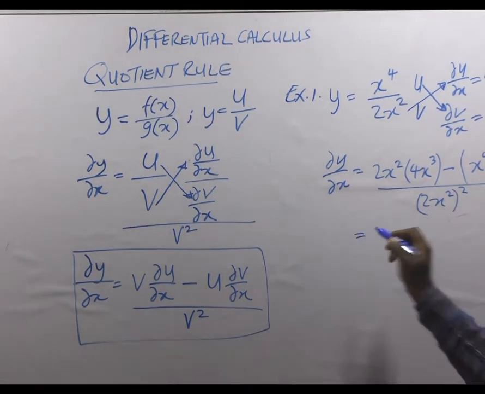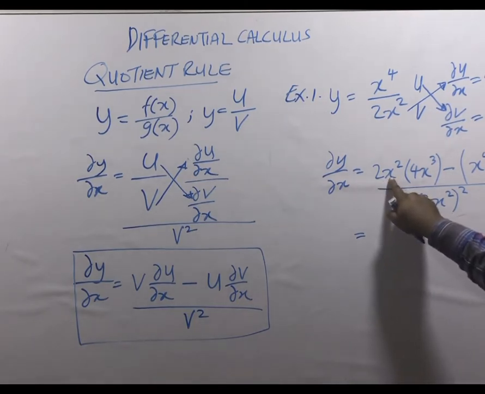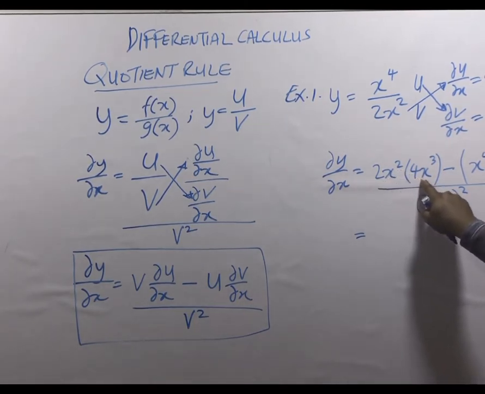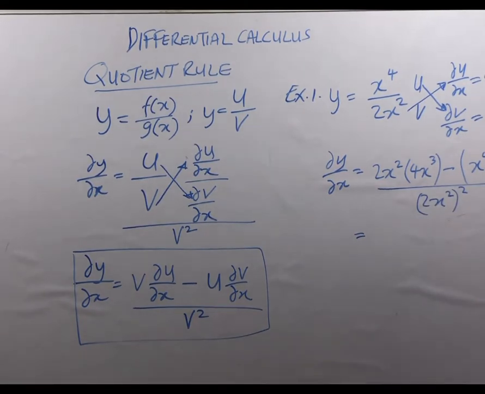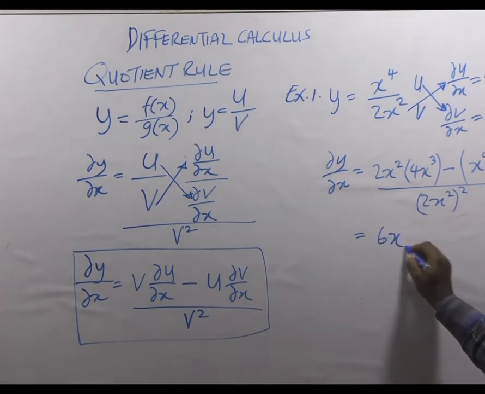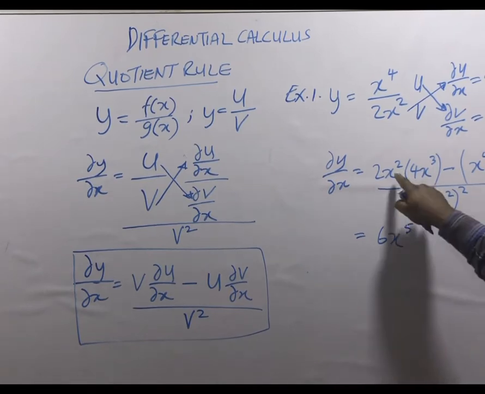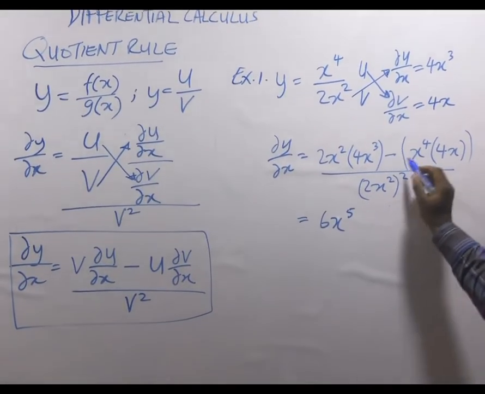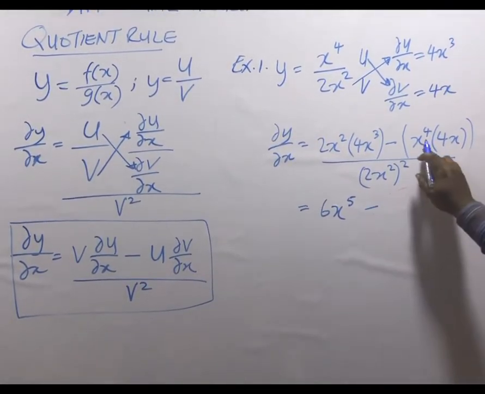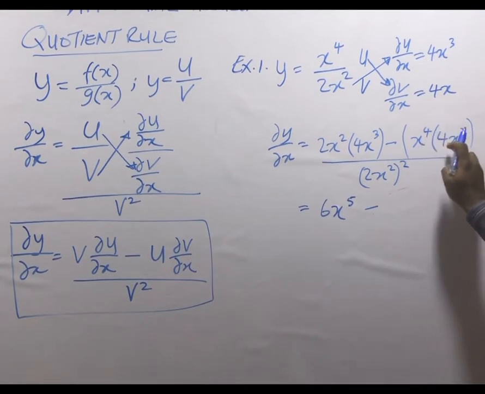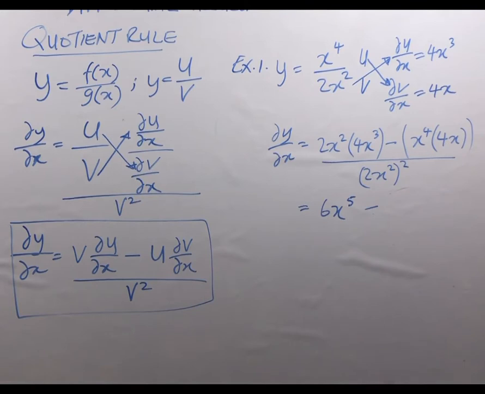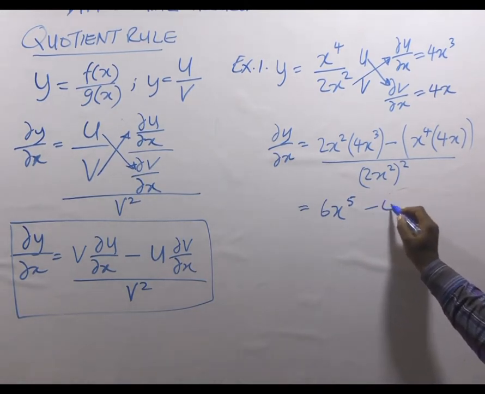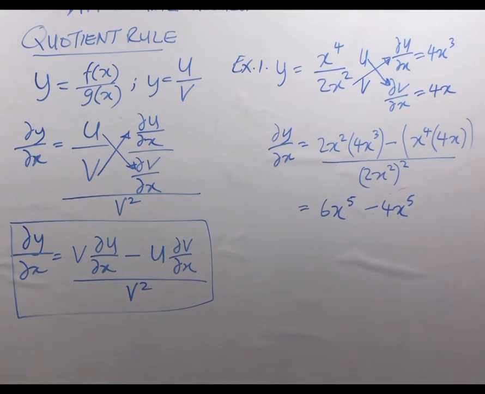Then let's find the solution. 2x raised to power 2 times 4x raised to power 3, what would that give us? 2 plus 3, they are powers, so we'll add. We now solve this minus: x raised to power 4 times 4x will give us 4x raised to power 5.